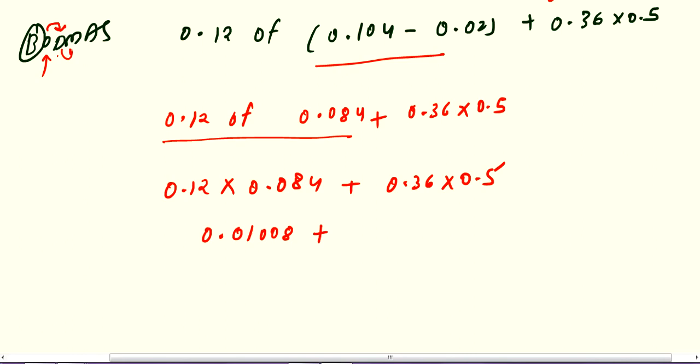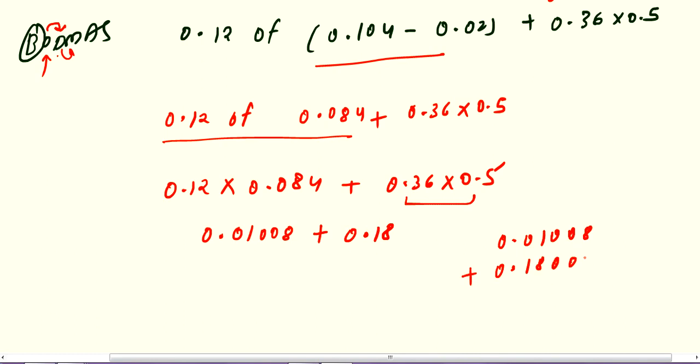After D we are having M. M stands for multiplication, means we have to multiply this 2. So the same process we have to follow. From this 2 you will get 0.18. Now you have to add, so 0.01008 plus 0.18.